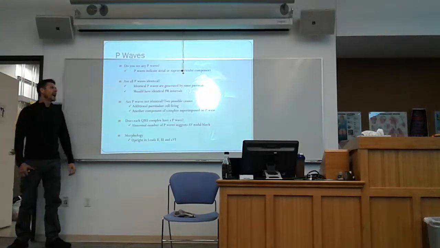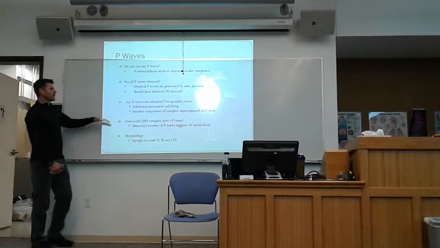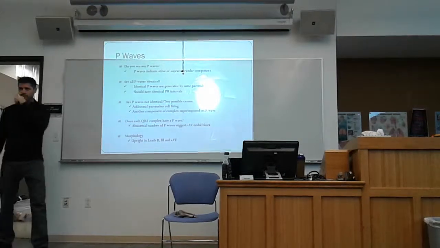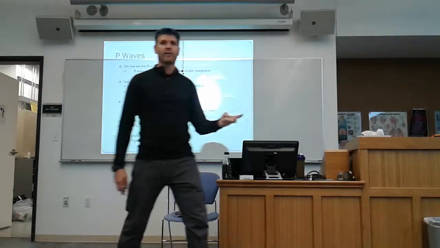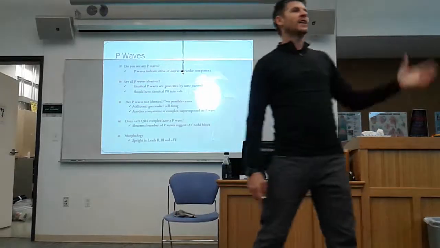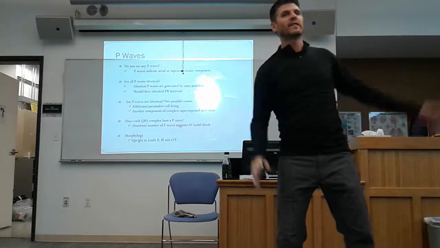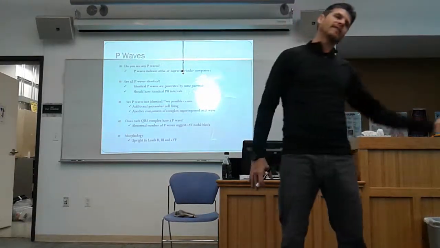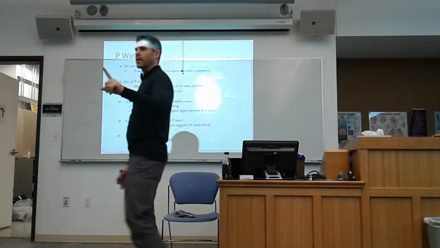If the P waves are not identical, there's a couple of possibilities. Either we've got more than one pacemaker firing, meaning we have two different spots that are creating the P wave. The atrial contractile cells listened to this pacemaker, and then they listened to that pacemaker. And then they listened to this pacemaker, and then they listened to that pacemaker. That's one possibility.